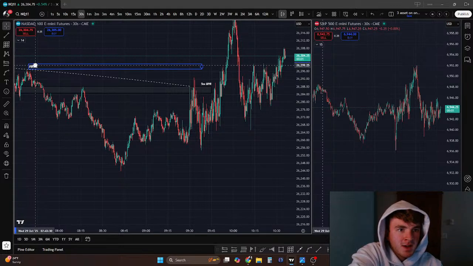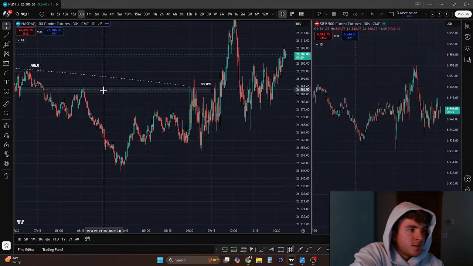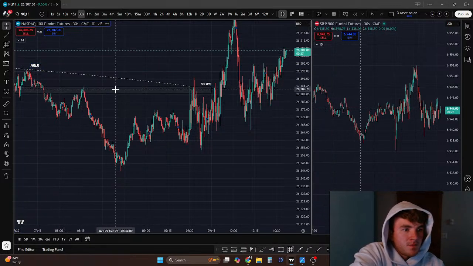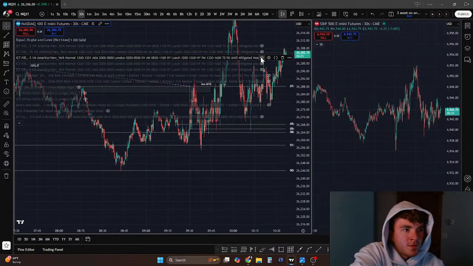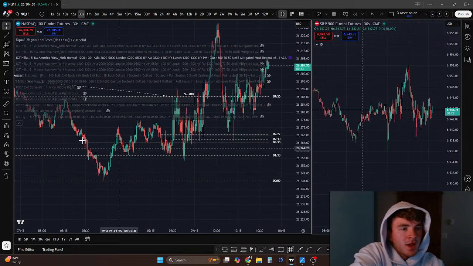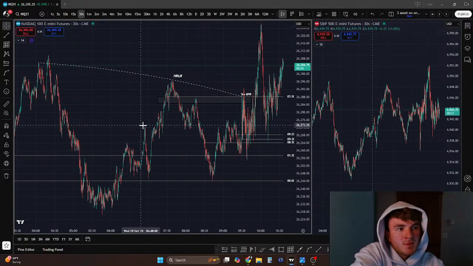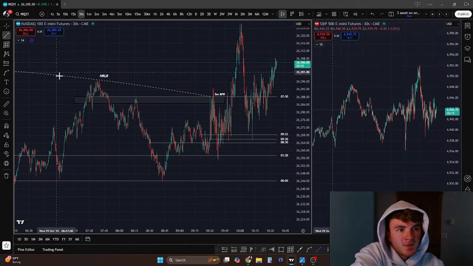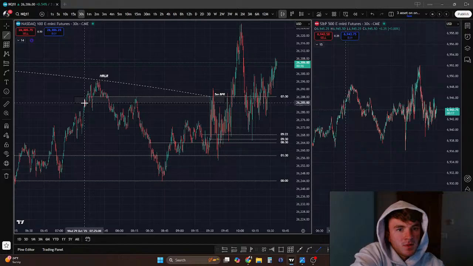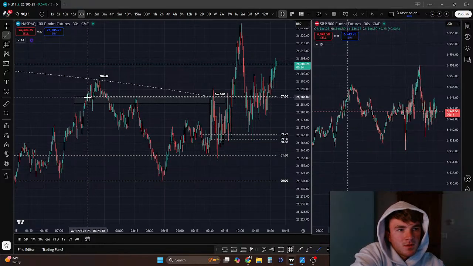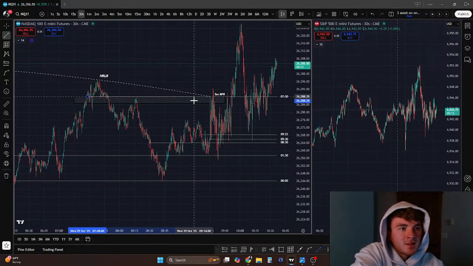Once again, just came back to wrong type of liquidity. We were above. Oh yeah, this is why I really liked this. We perfectly took out 730.